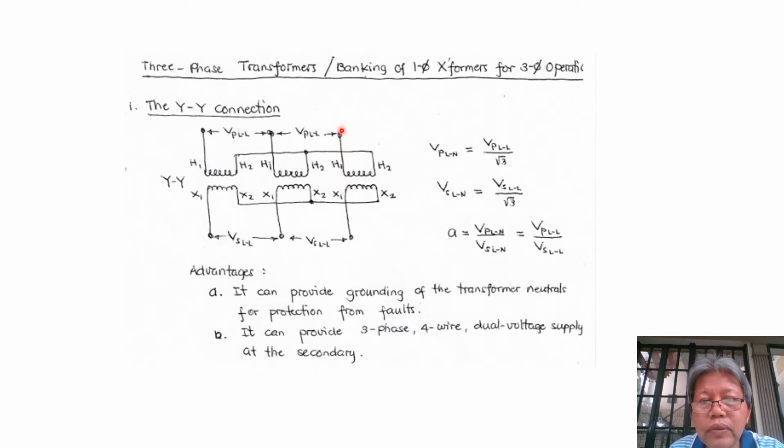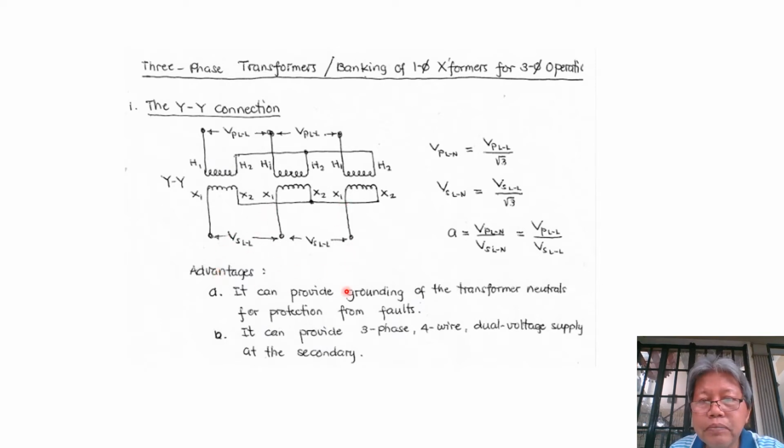So we have here the second, and this, the third, and we connect the supply voltage here at the primary. Now similarly for the secondary, we also connect them in Y. So their X2 terminals are connected together at this point, to form the neutral, while the supply lines are obtained from the X1 terminals.